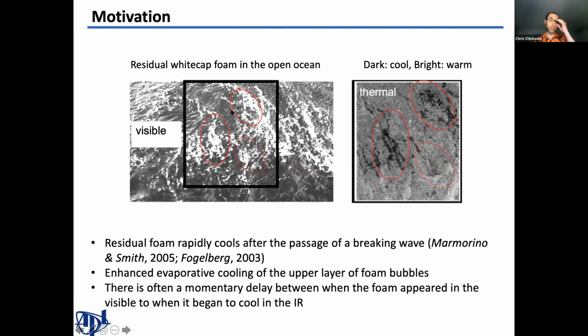We see that here. Another example of this residual foam shows more detail, in that the patchiness in the thermal imaging shows that some parts of the plume of the residual foam were actually cool, while others were not cooled yet. So it suggests there's some heterogeneity in the processes at work.